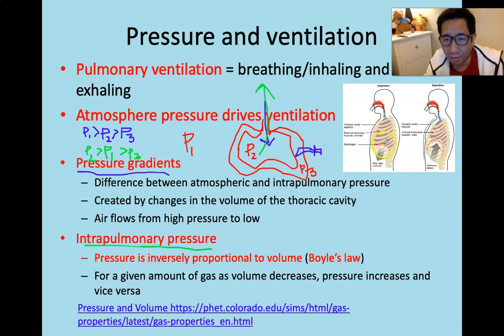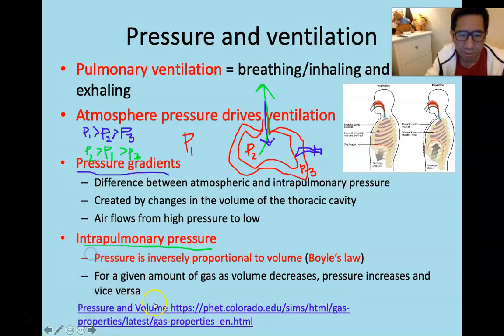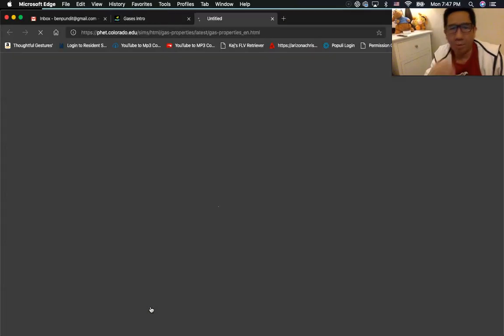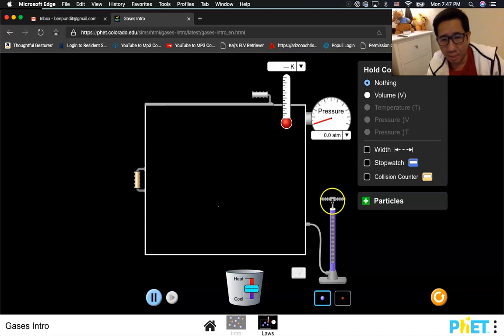Keep this in mind when you have your lungs. This is something called Boyle's law. What I'm going to do is show you what Boyle's law looks like, and then we can discuss it.